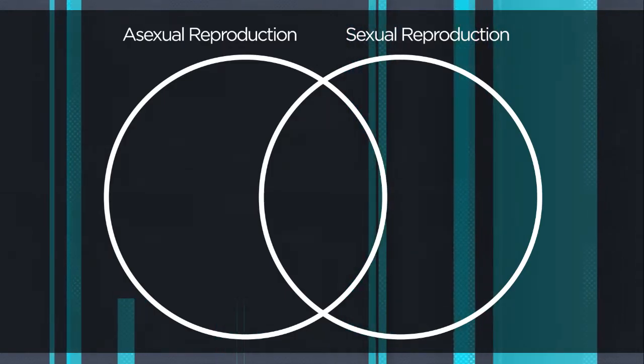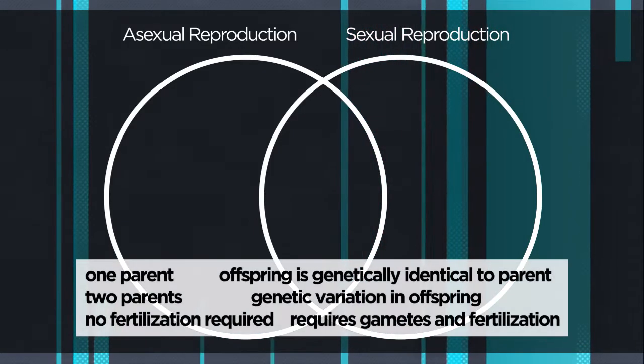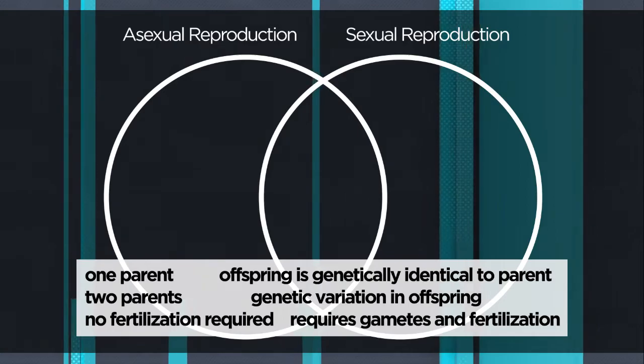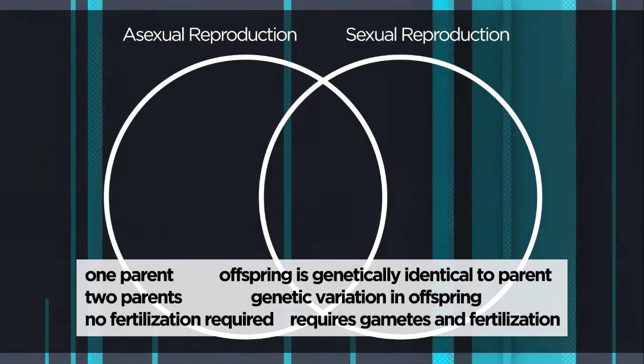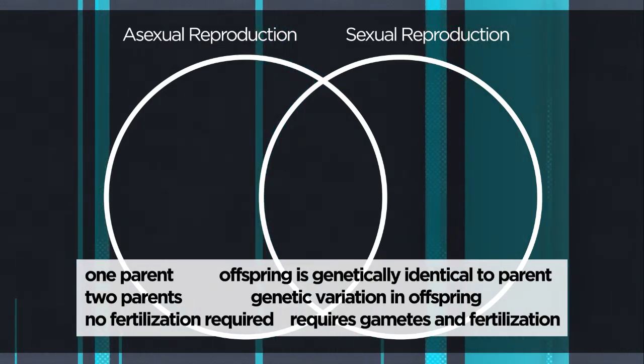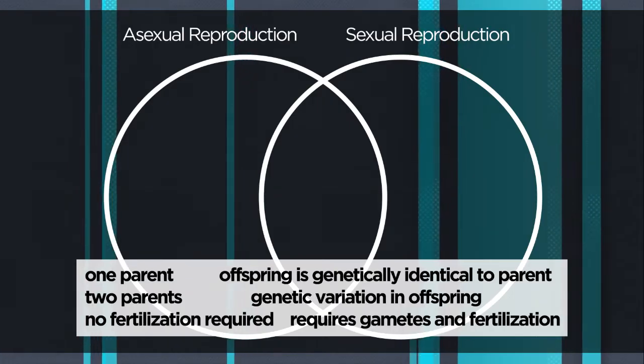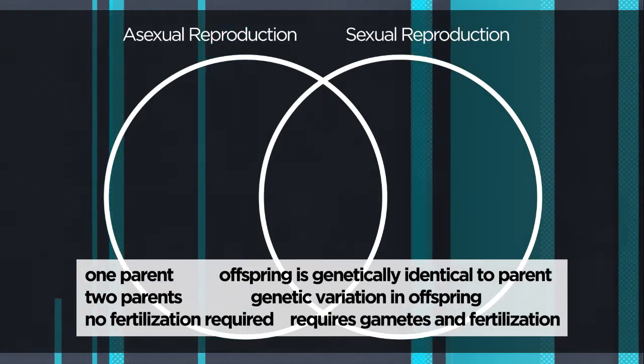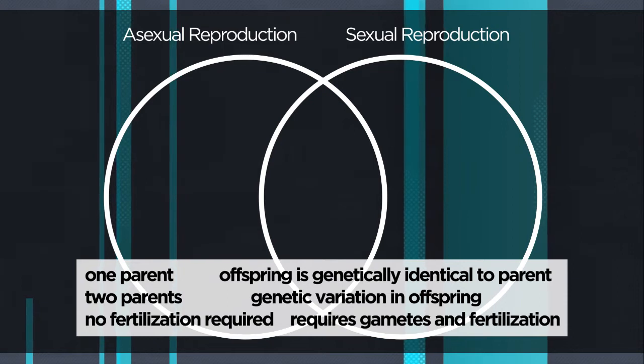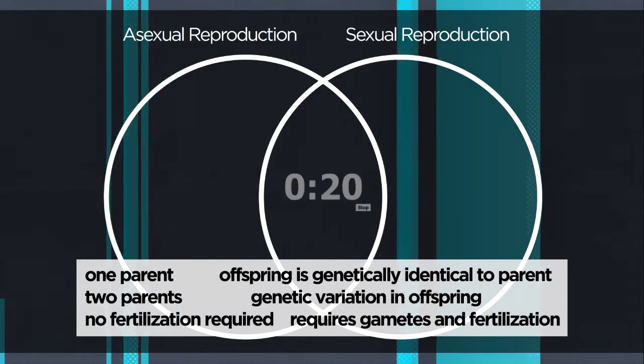Using the words listed below, complete the Venn diagram to illustrate the similarities and differences of sexual and asexual reproduction. You have 20 seconds to finish this task. Your timer starts now.